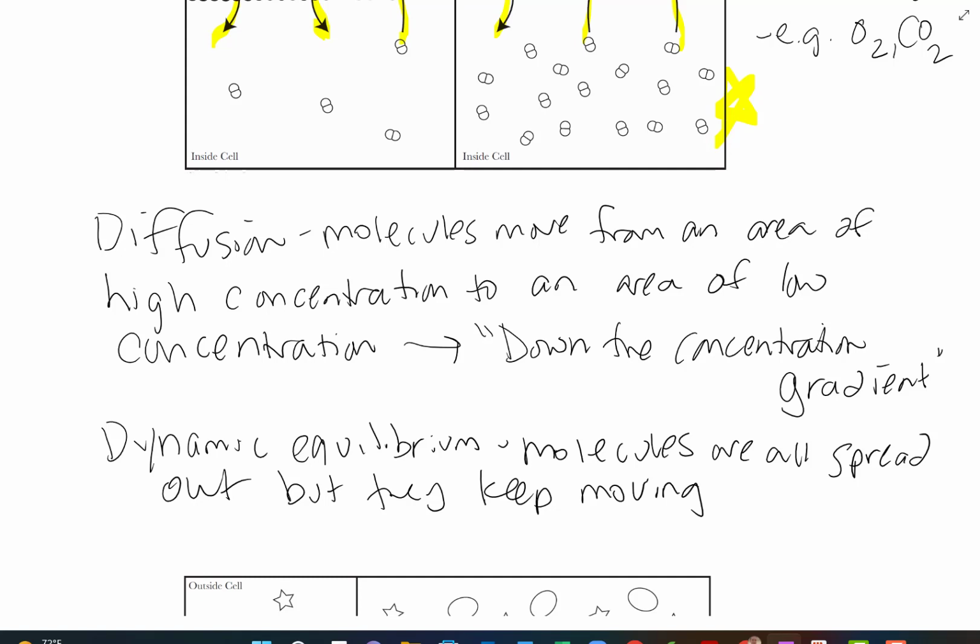And so that scent would diffuse. Or if we were to put some drops of food coloring into water, we could watch the food coloring spread out, and we wouldn't have to stir it or anything. The food coloring would spread out, and eventually the water would all turn the same color. So diffusion can happen in a cell, and it can happen without a cell.